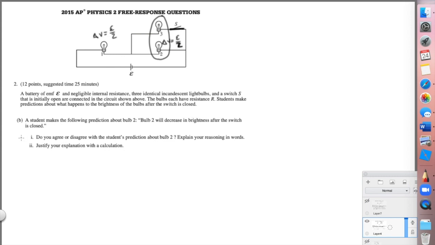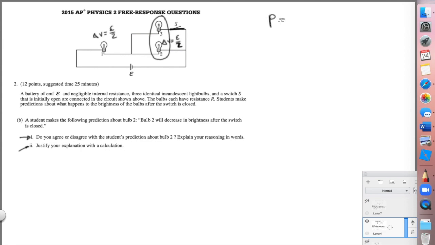Well, let's just go ahead and give the answer to 1, and then I'm going to verify it with a calculation in part 2. So the answer to part 1 of this question is we are going to agree that when the switch closes, bulb 2 will decrease in brightness, and the reason why is the voltage across bulb 2 is going to drop.